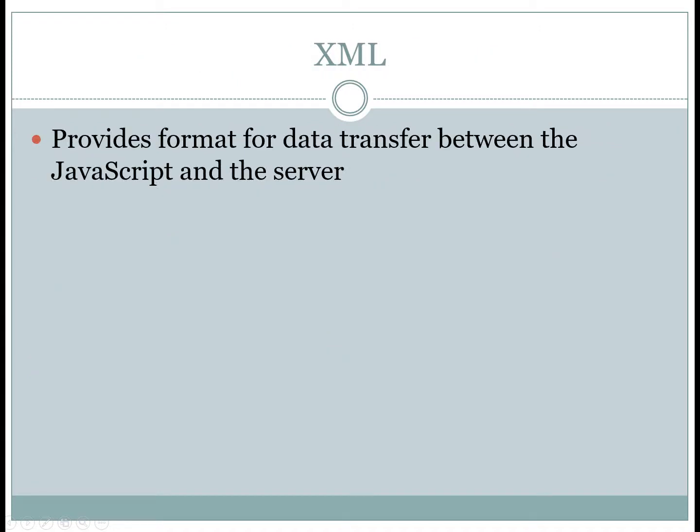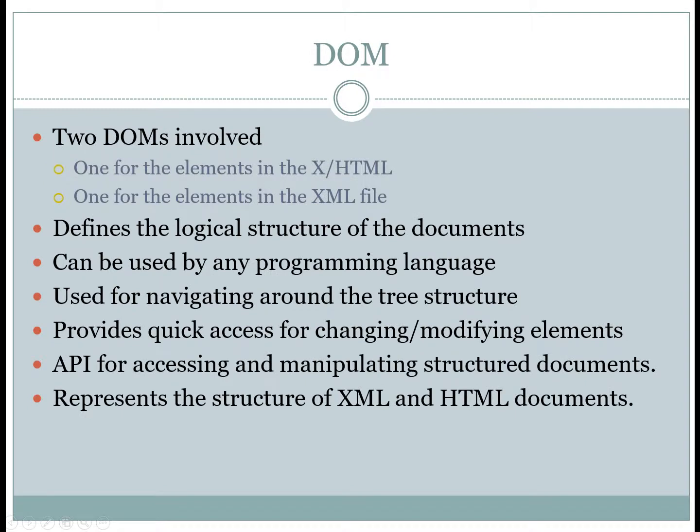The XML part provides the format for data transfer between the JavaScript and the server. DOM: two DOMs are involved, one for the elements in the XHTML and one for the elements in the XML file. The DOM defines the logical structure of the documents.